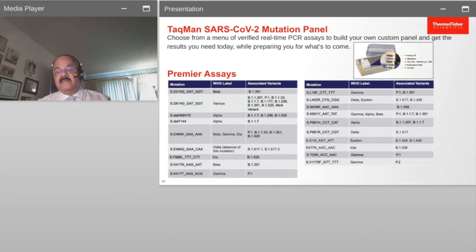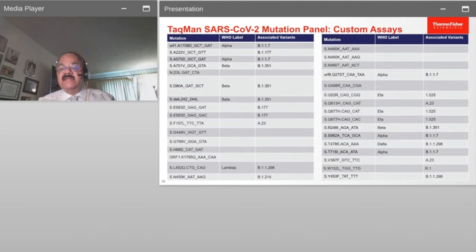In total, we have about 52 assays online. What you're seeing here is the ones that are most frequently used. And on the next slide, you'll see other ones that are more custom assays and used to a lesser extent, but nevertheless useful in different regions of the world for identifying what variants are in circulation.